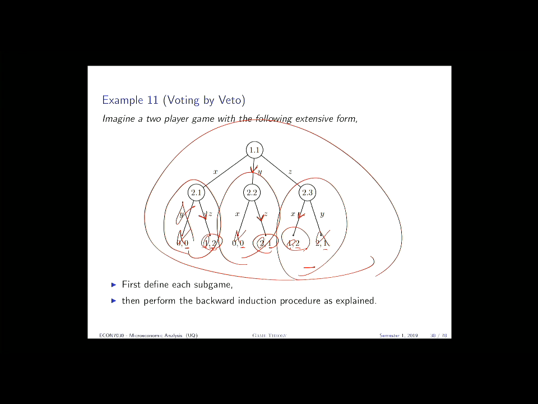What is the subgame perfect equilibrium here? Okay, so here's now the problem. Most of you usually say YZ, but my question is which Z? If you say YZ, did you represent the full strategy set of the second player? Obviously not, because the second player can play Z here as well.